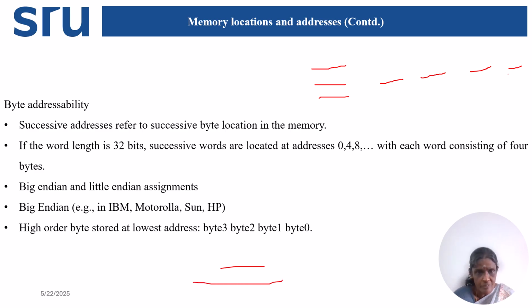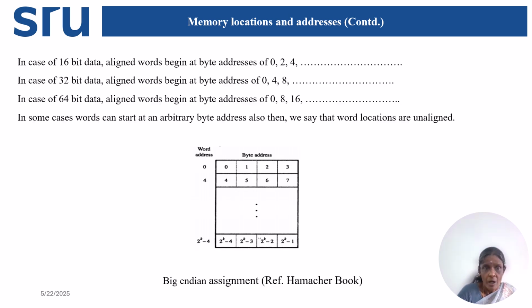There are two ways of representing the number or word. So these two ways are called big endian and little endian assignments. Big endian means higher order byte stored in the lowest address. In case of 16-bit data, aligned words begin at byte addresses 0, 2, 4.